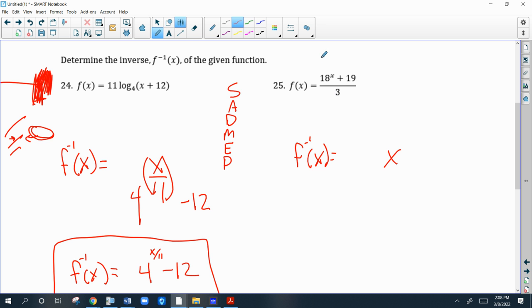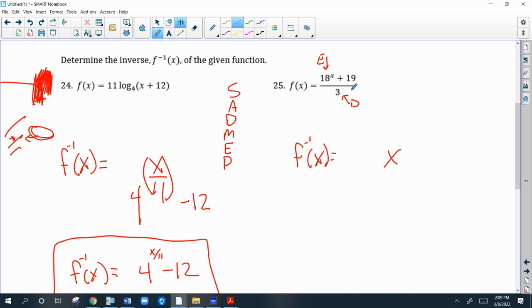So we have an exponent right here. We have this division right here. And this plus 19 is up with the numerator. So you can't really consider that an addition before you get rid of this division, if that makes sense.